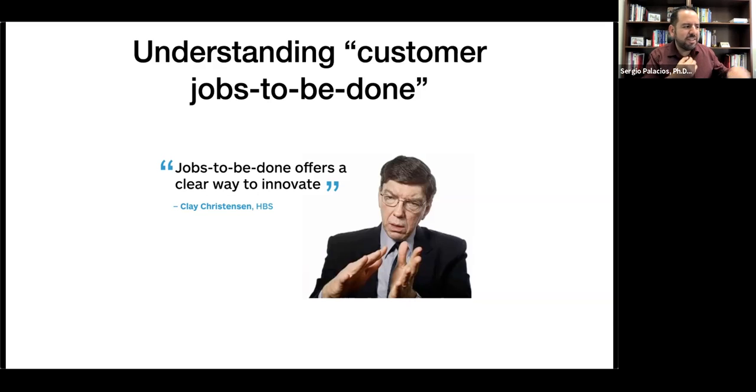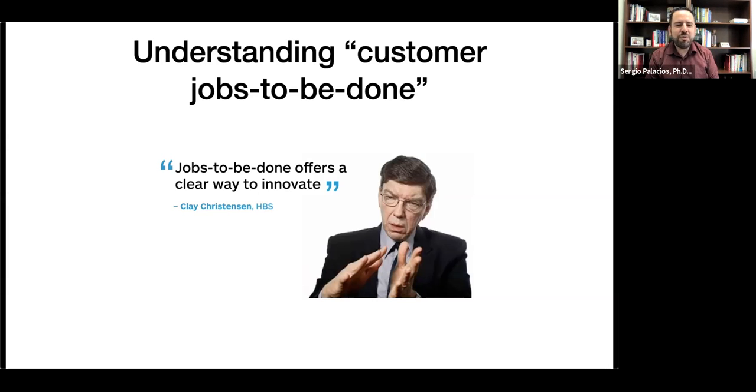So for example, let me grab one. This is not my favorite product, but this is something that most of us have been using for a while now. This is just a face mask. So what are some of the jobs I'm trying to do? Well, I'm a professor. I need to be in front of the classroom. I need to be able to use a mask and communicate with others. So one of my jobs is to communicate information to others.